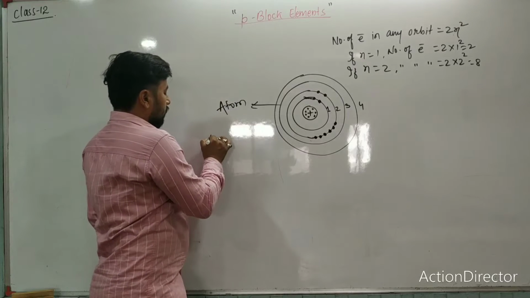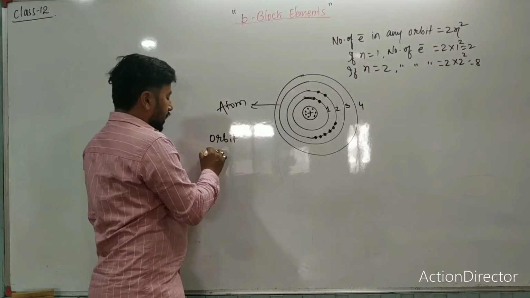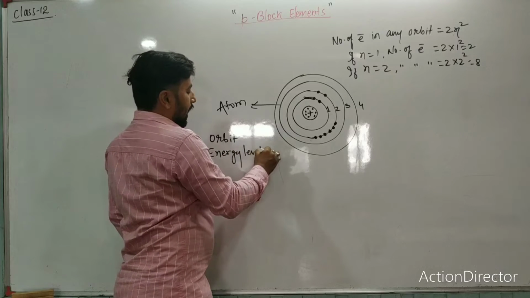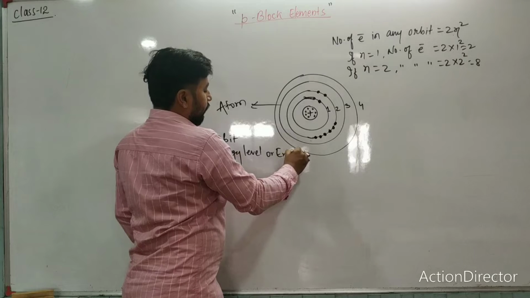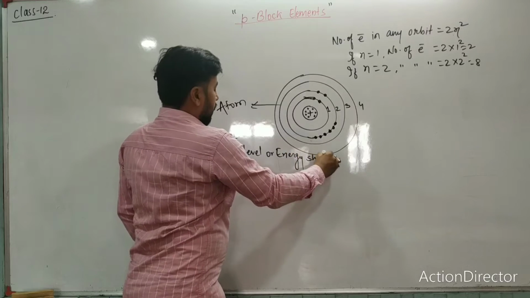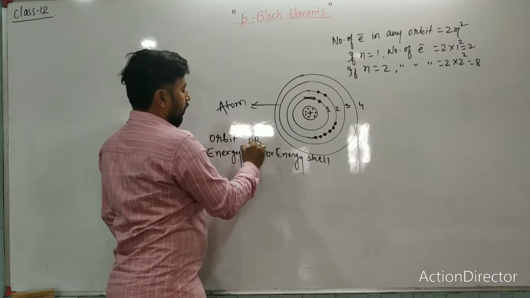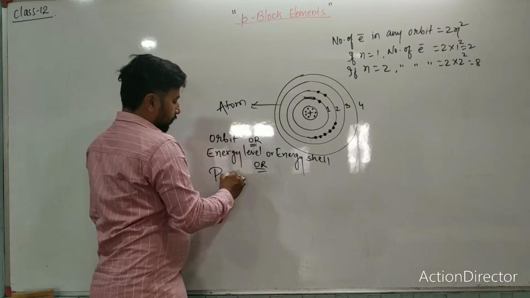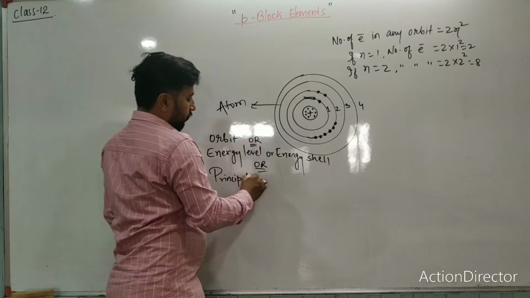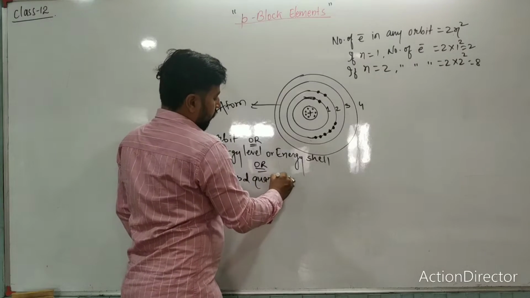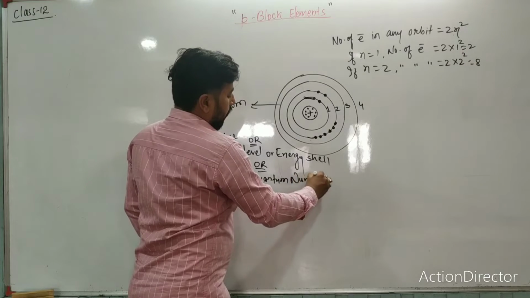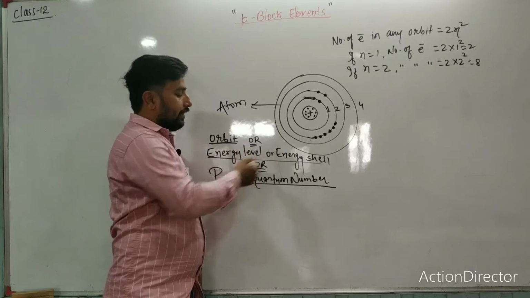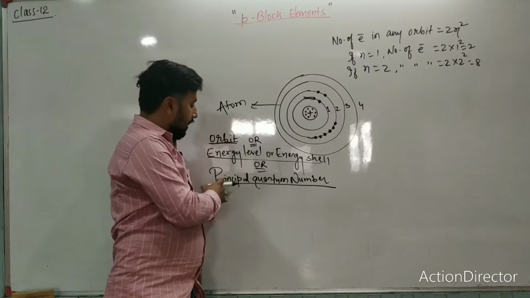Orbit, energy level or energy cell, or principal quantum number. So here this orbit is also known as these things: energy level, energy cell, principal quantum number.